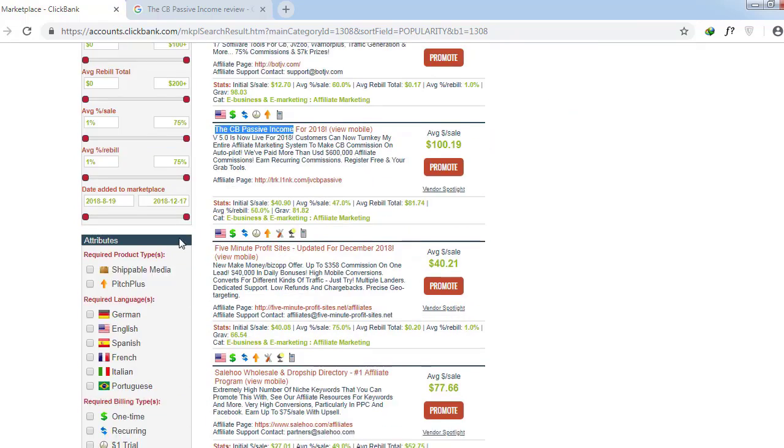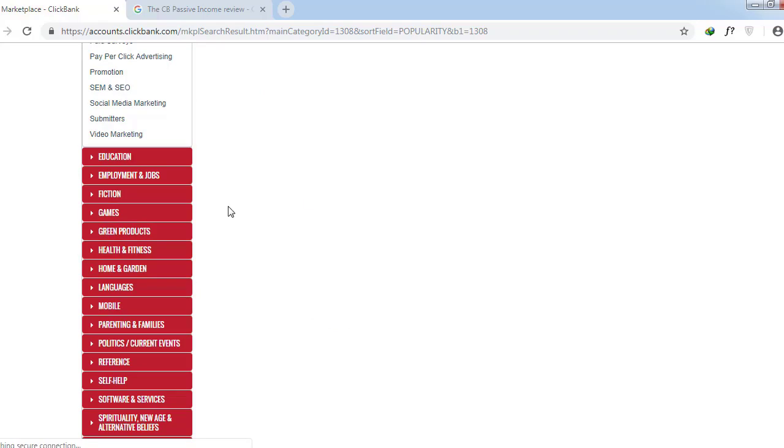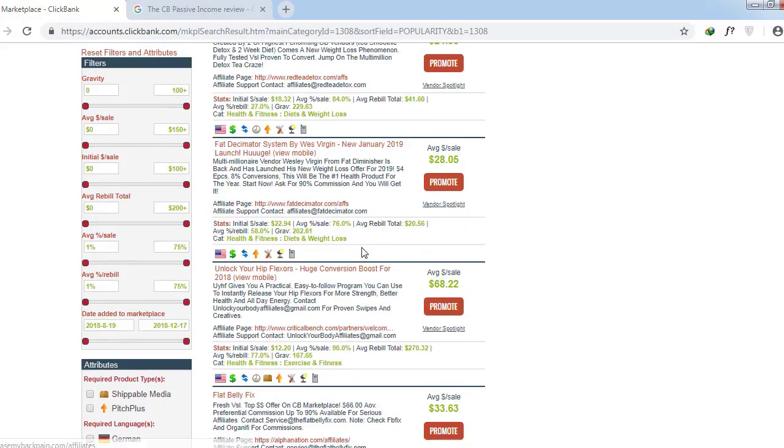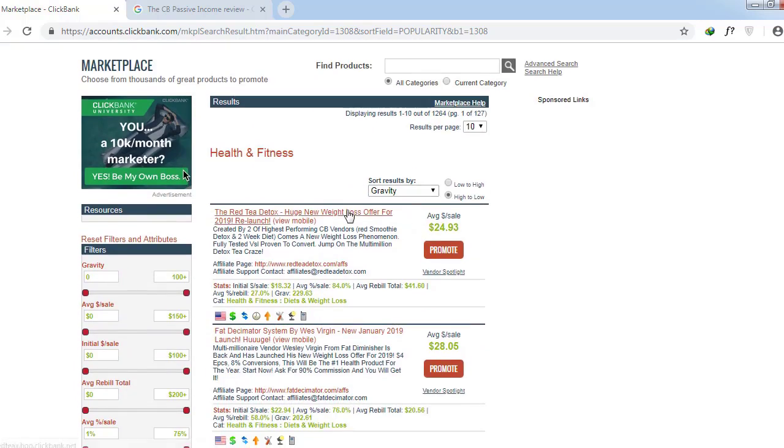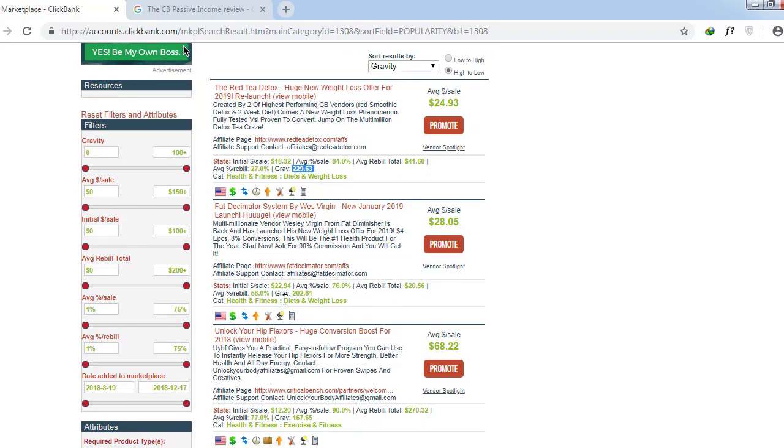And with respect to health and fitness, you could see that there are also good products listed in this category as well. Look at the red tea detox. It has a gravity of nearly 230. A large number of affiliates are making money from this.